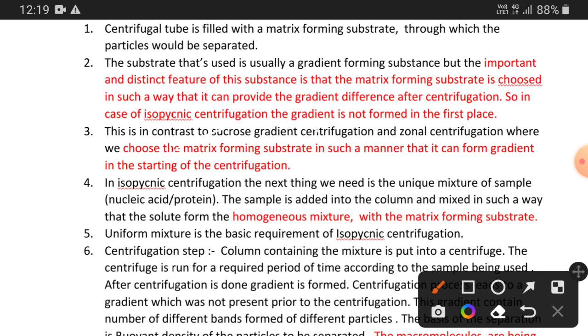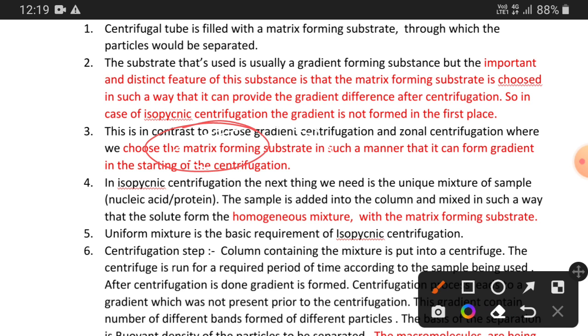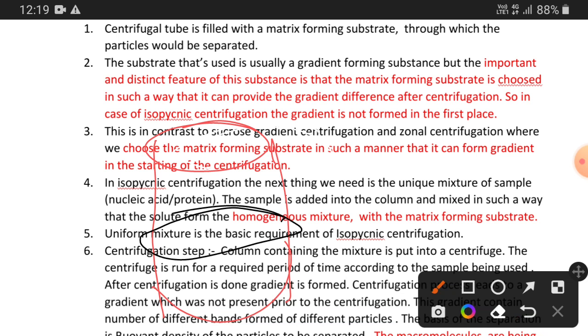So we will mix the substance to be separated with the matrix forming substance in such a way that together the matrix forming solvent and the solute lead to the formation of a homogeneous mixture.